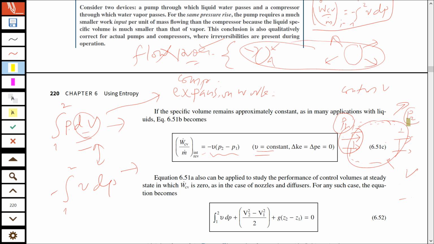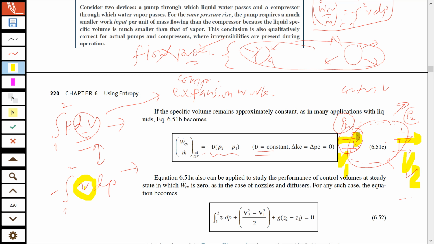So from P1 to P2, specific volume can change because you cannot guarantee volume to be the same everywhere. This V is a property of the stream. If fluid enters at P1, it will have some specific volume, and if it leaves at another pressure, the fluid could have changed its specific volume.